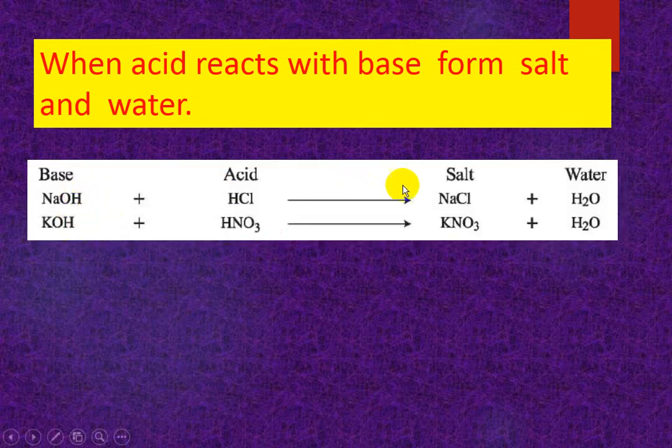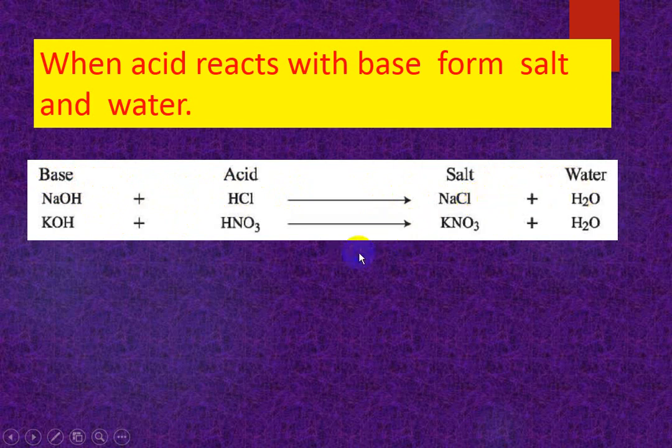This is the neutralization reaction, because the base neutralizes the acid, forming neutral substances, salt and water. For this reason, this is a neutralization reaction. In a neutralization reaction, the reactants are base and acid, and the products are salt and water.